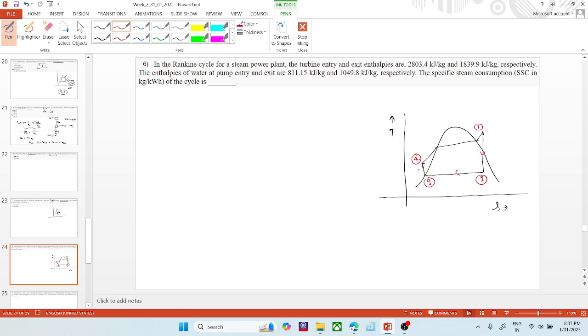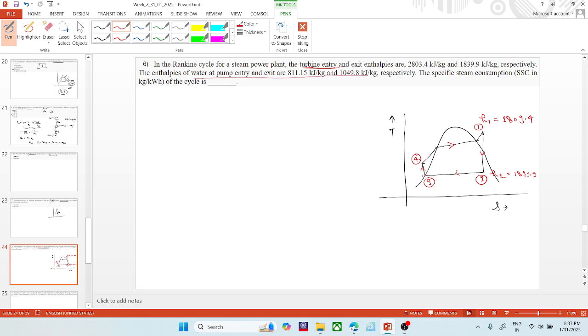The enthalpy at turbine entry is H1, which is 2803.4, and H2 is 1839.9, respectively.